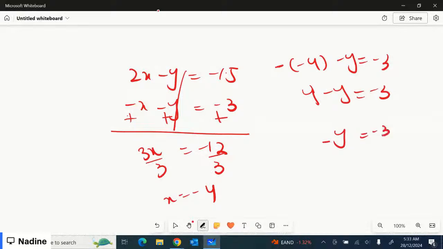Negative y equals negative 3 minus 4. Negative y equals negative 7.